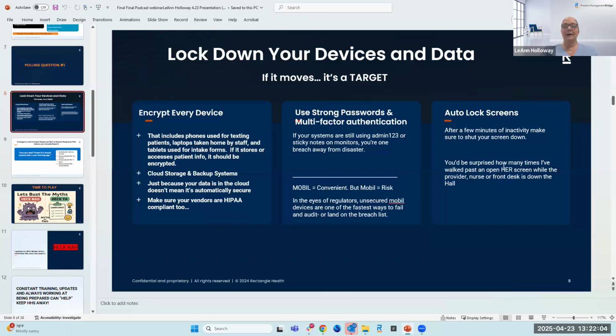I'm sure each and every one of you has seen this before. I've walked past an open EHR screen, myself included before, while the provider, nurse, or front desk is down the hall. It's an easy way for somebody to hack. So make sure these things are taken care of and under control.